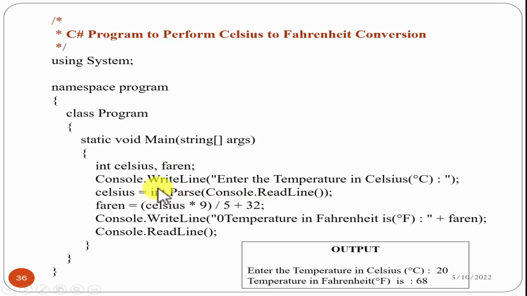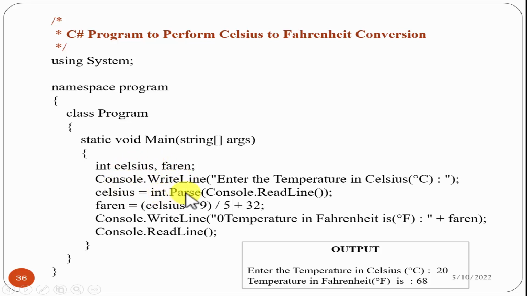Int.Parse: int shows which type of value you need, and Parse is a method which has a parameter, the value entered from the keyboard. In this parameter we receive a value from the keyboard, and it will directly convert to the integer type, and then, as a feature of the assignment operator, it will store from the right to the left.